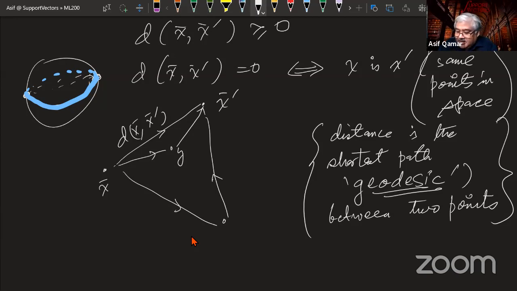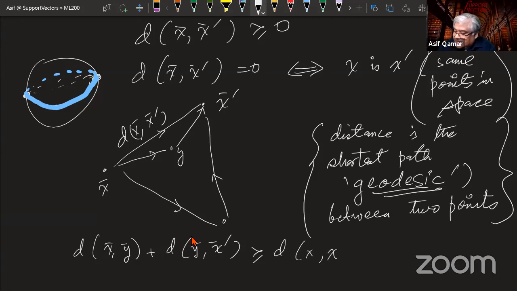Would you agree that d(x,y) plus d(y,x prime) will always be greater than or equal to d(x,x prime)? So this is z, and I could take another point, w here, right?